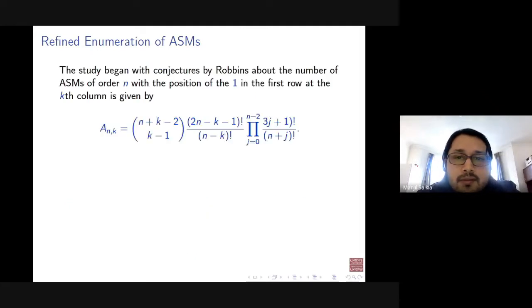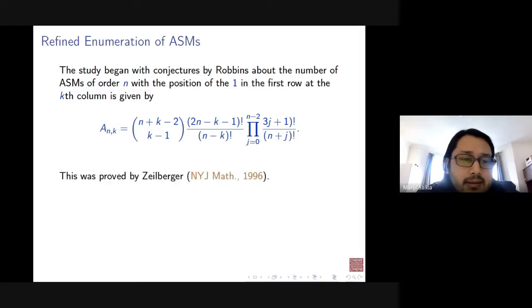This was the formula which I showed you in one of the previous slides. This was conjectured by Robbins, and this was proved by Zeilberger after he proved the alternating sign matrix conjecture. For this, he used the techniques of Kuperberg, and he did this shortly after Kuperberg's paper appeared.